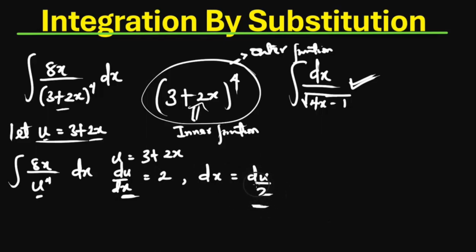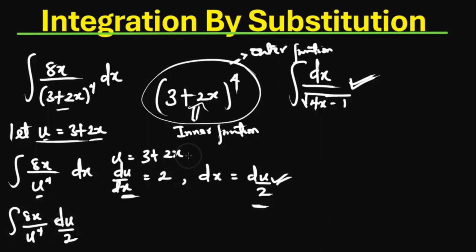Alright, that makes sense, right? Now you're going to replace dx with du over 2, and this becomes the integral of 8x over u raised to power 4 du over 2. But we still have a problem, right? We have x, we have u, and we want everything to be u.